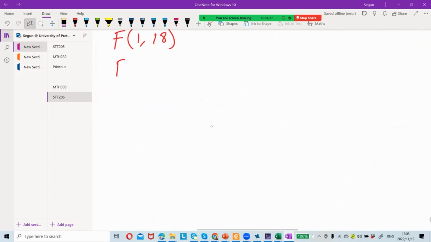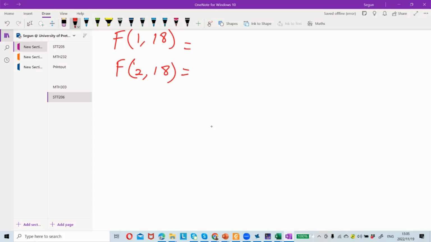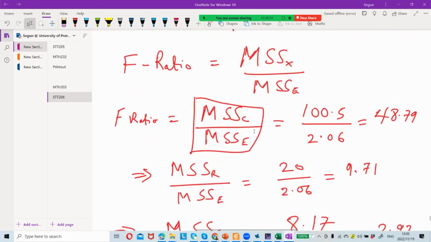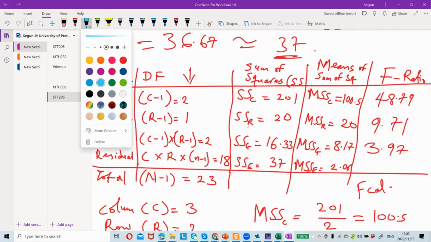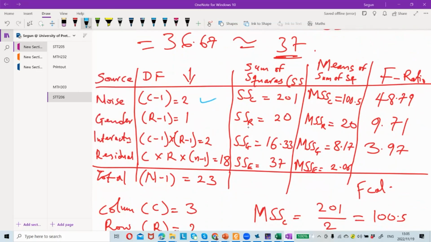Then we check F where we already have 2, comma 18. We already did the degrees of freedom the other time, don't forget. F is when your degree of freedom is 2.